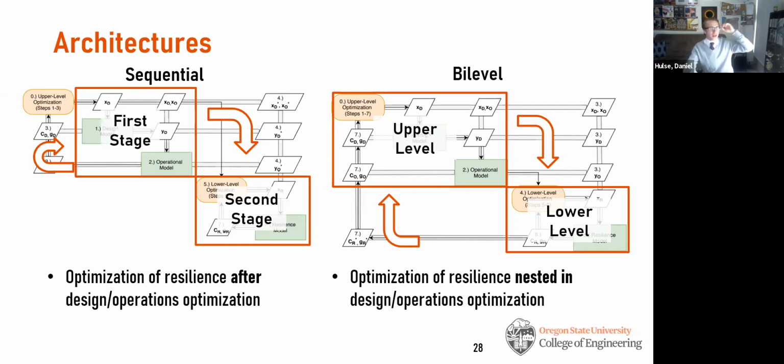And one of the nice things about having architectures like this that separate the design and resilience optimization, like the levels, is that it lets you run different solution strategies at each level.